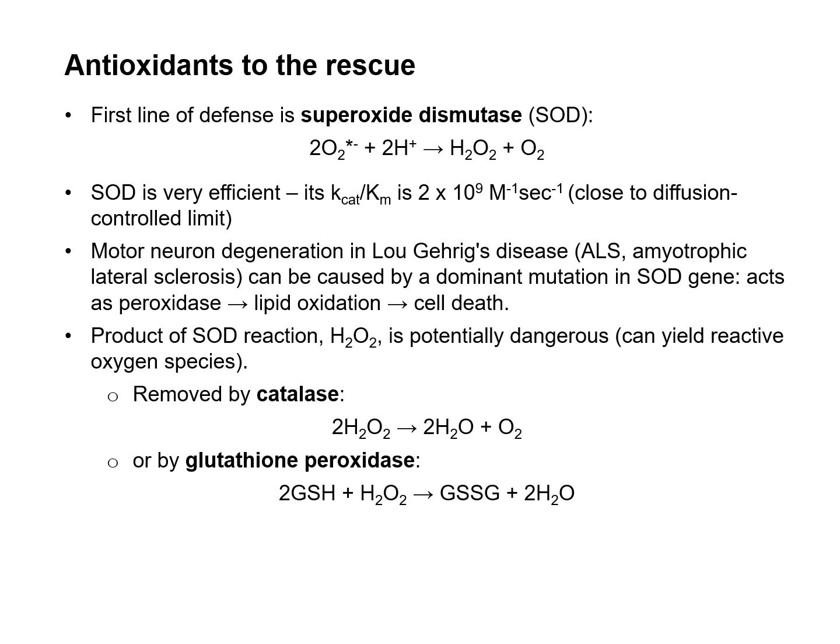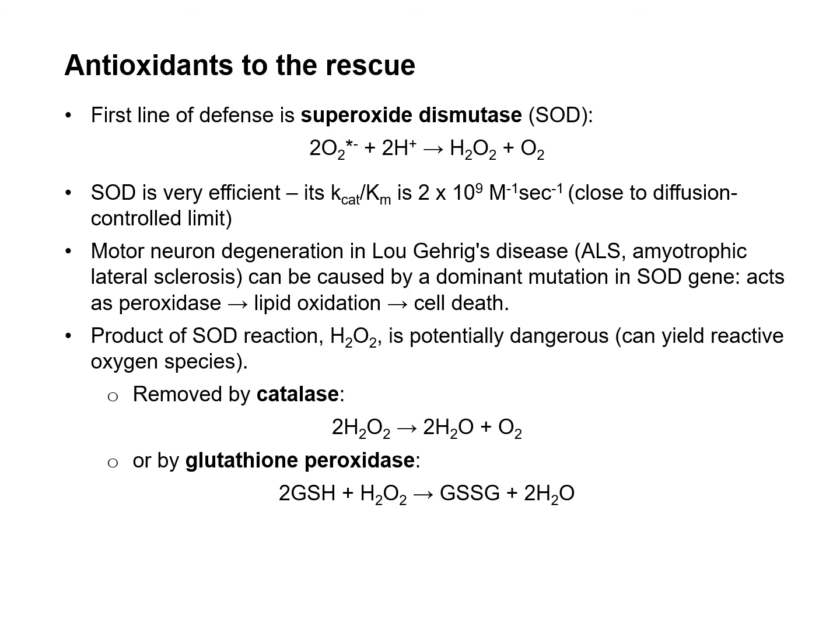Motor neuron degeneration in Lou Gehrig disease, which is also ALS, can be caused by a dominant mutation in the SOD gene, which then acts as a peroxidase. The mutation in this SOD gene leads to lipid oxidation because it cannot get rid of the excessive superoxide. That eventually leads to the death of the neurons and causes Lou Gehrig disease.